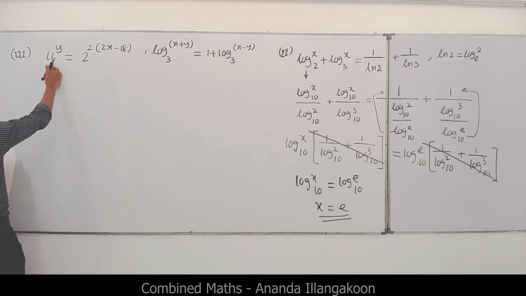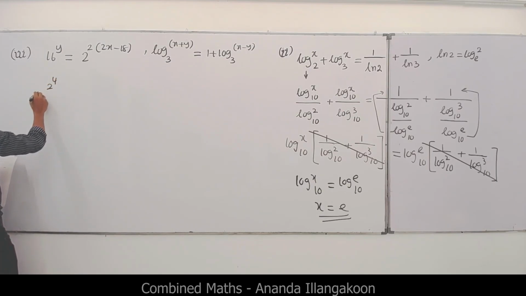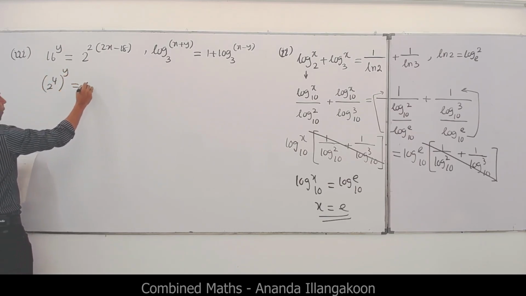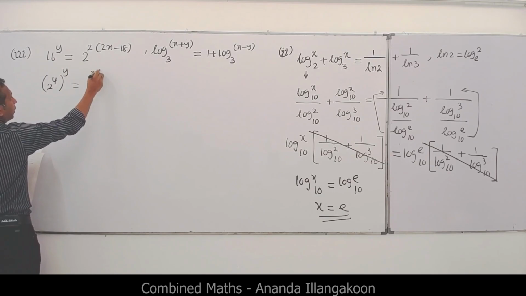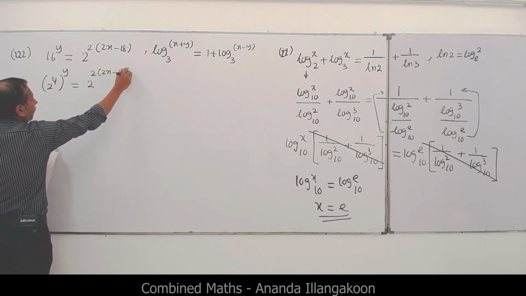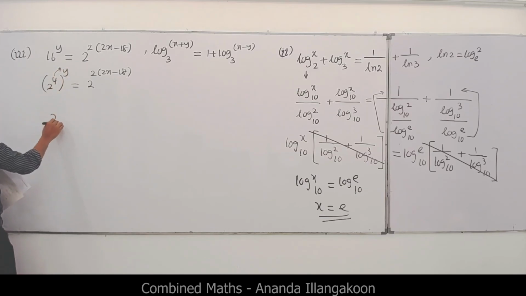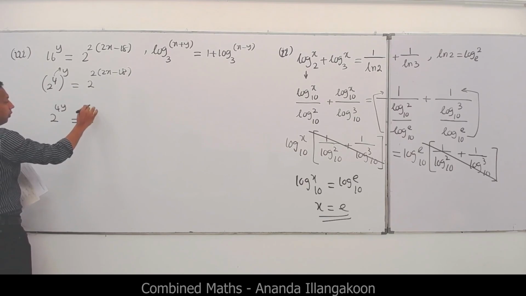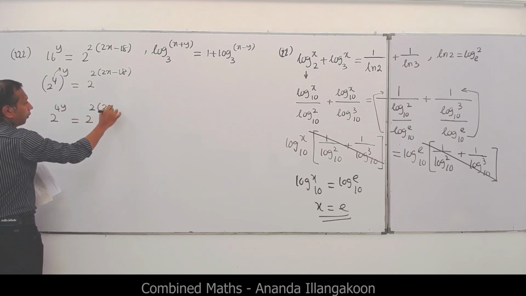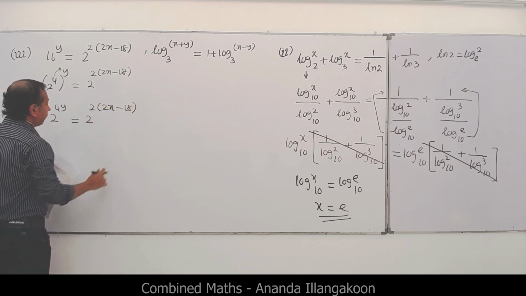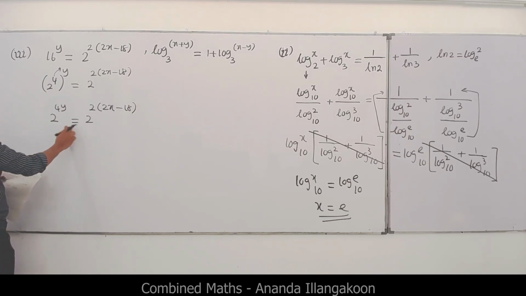Right, then this 16 we can write, people, as 2 to the power 4 and its power y. Here 2 to the power 2 times 2x minus 18. This and this we can multiply. 2 to the power 4y is equal to 2 to the power 2 times 2x minus 18. Bases are equal, no?